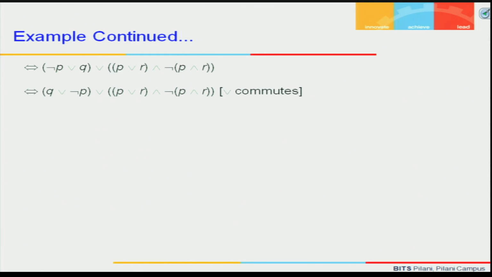We have seen the commutative law: P or Q is the same as Q or P. A or B is the same as B or A. Hence you can write this.